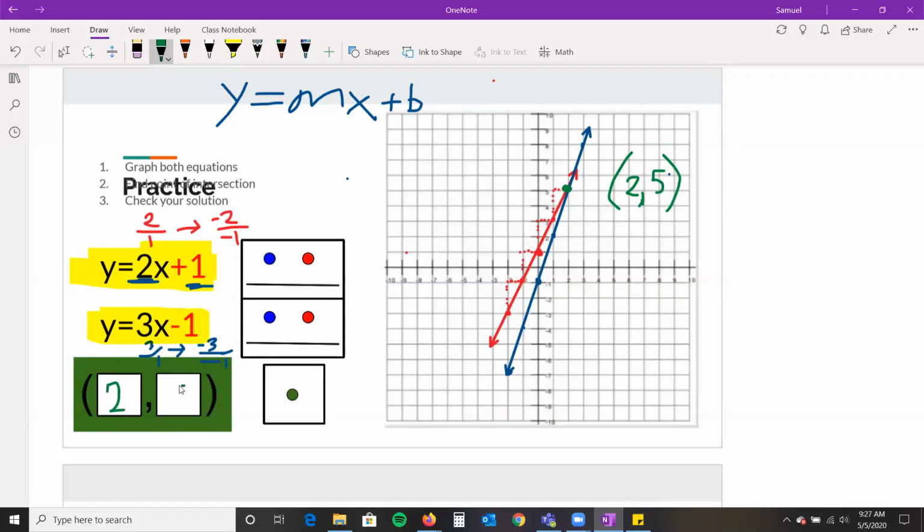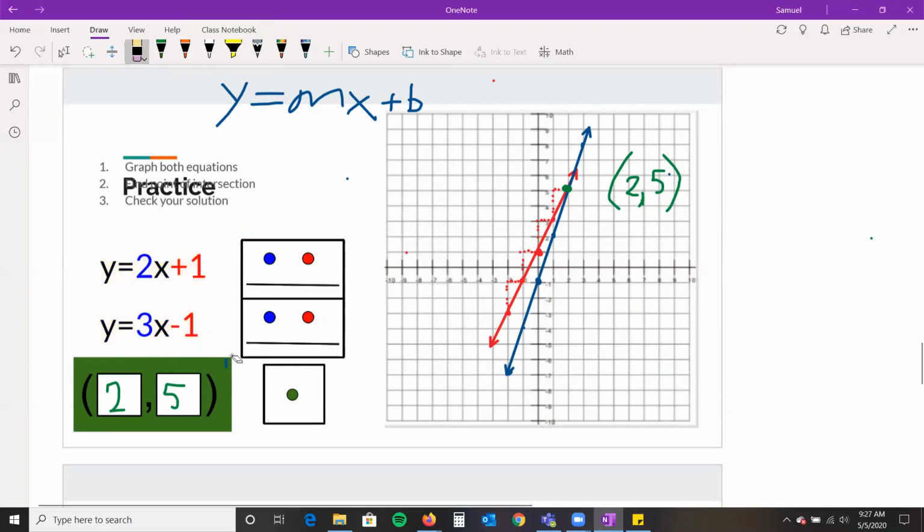But to make sure, we need to check, right? So this is when we substitute our values into our two equations. So let's go ahead and do that real quick, and then we'll know if we got our answer right. So x's are now 2's and y's are 5's, right?